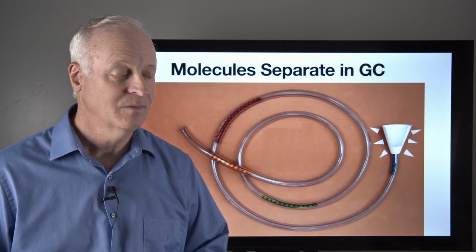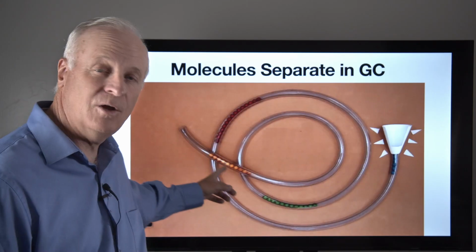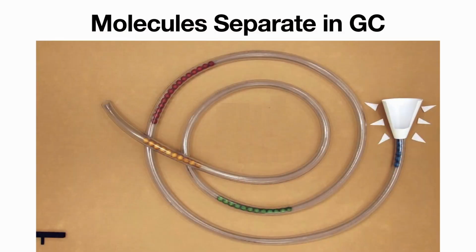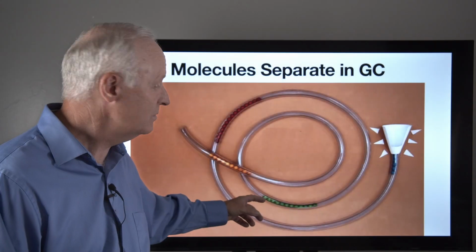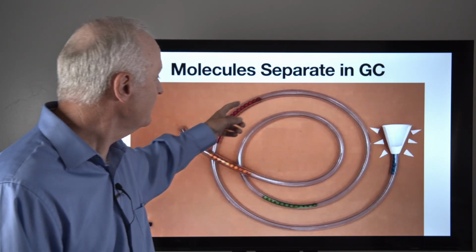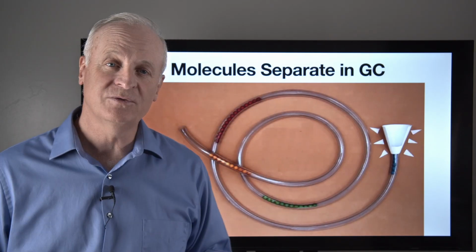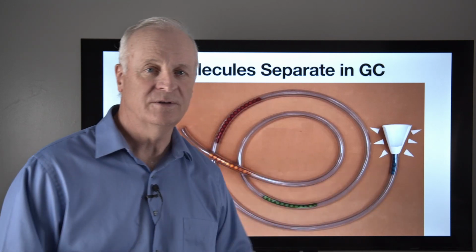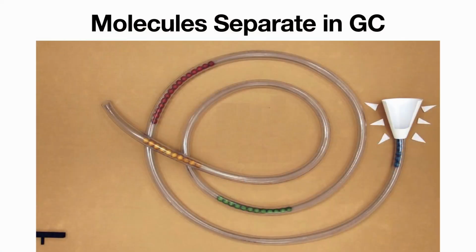Let's look at them. The yellow ones here represent the lightest molecules. Then if we go back in the column, we see the green ones. They're also fairly light and they're separated from the yellow. If we go all the way to the red, these are medium-sized molecules. And then finally, the large molecule is in blue and it's just barely coming out of the injector.